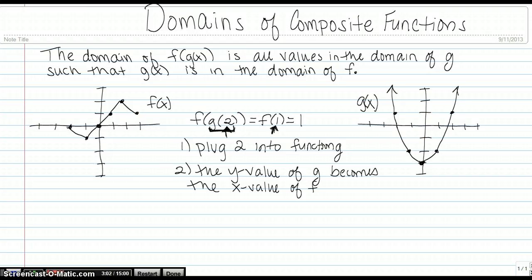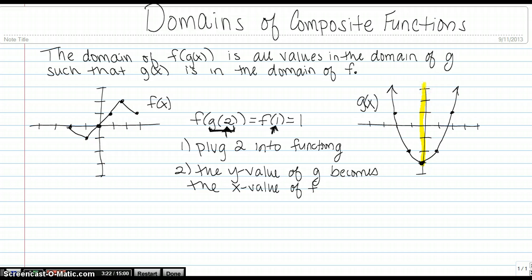Okay, so then what if I wanted to find the domain of this composite function? I would need to read that and I would need to say, okay, if the y values of function g must be in the domain of f, well, the y values of function g are all the values from -3 on up to infinity.